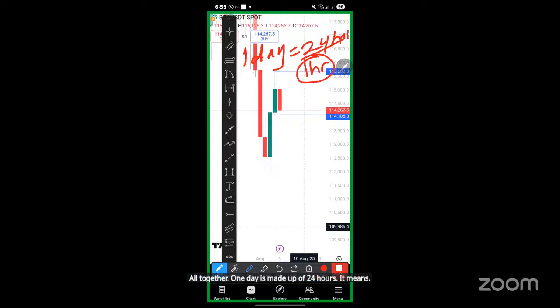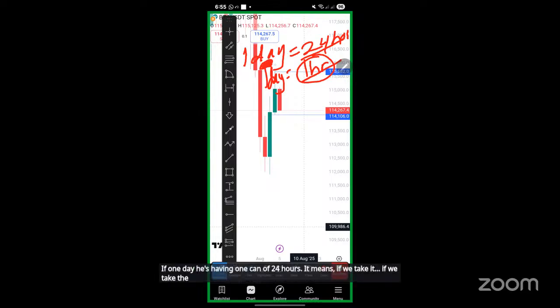If 1 day is having 1 candle, when we take it to 1 hour, it will be having 24 candles of 1 hour each. Hope I'm clear. Let's try it and see.